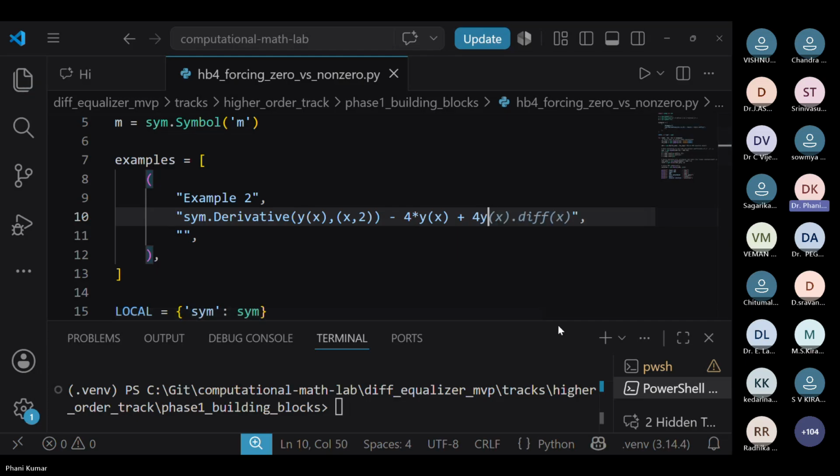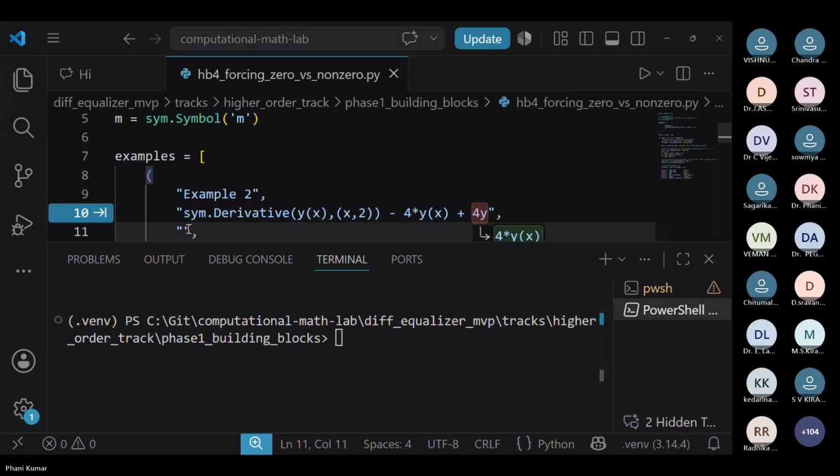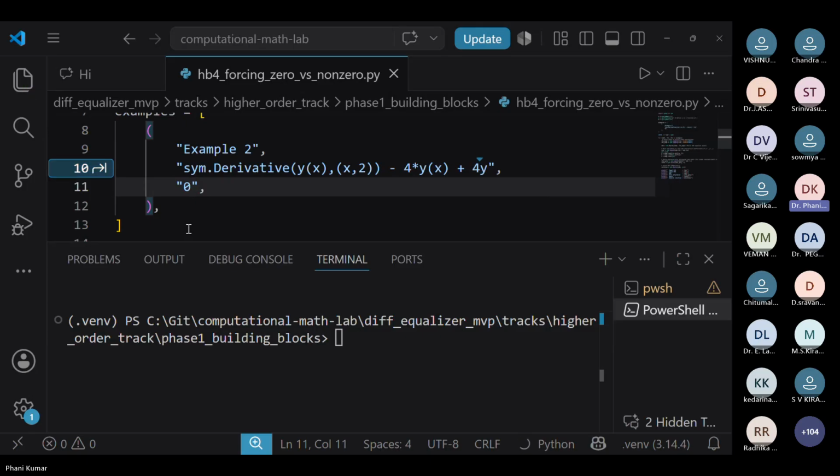Those are the commas. Don't think that it is 4y double dash, it is not y double dash. Simply it is 4y, because in that program we have to express it with inverted commas, quotes, right? So this is a sim dot derivative if you are observing. So y of x, minus 4 into y dash of x plus 4y.